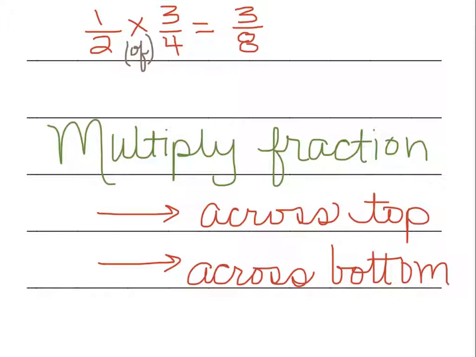That makes it easier to remember. When you multiply fractions, you multiply across the top, and then you multiply across the bottom. That is multiplying fractions. Now we're going to take a look at one other little thing with numbers, just so that you can see how this will work as well.